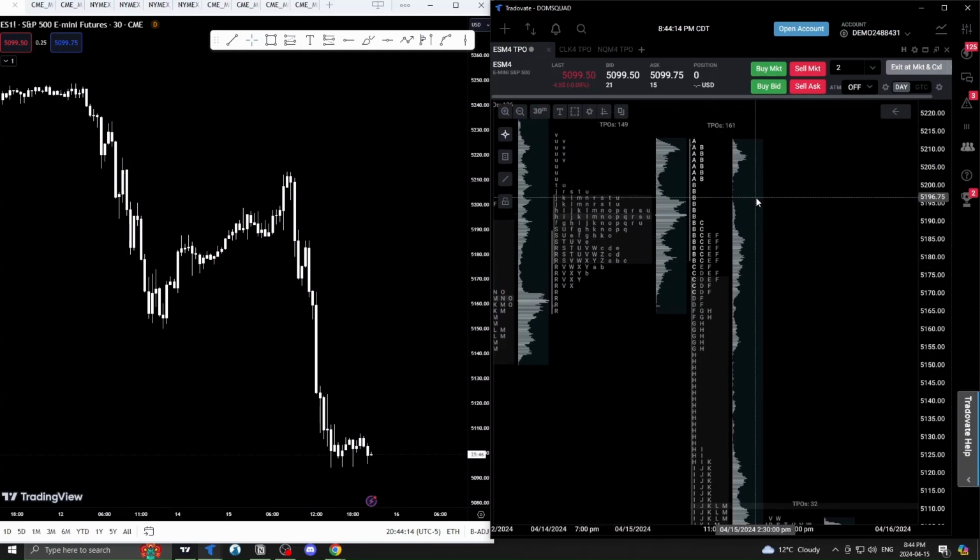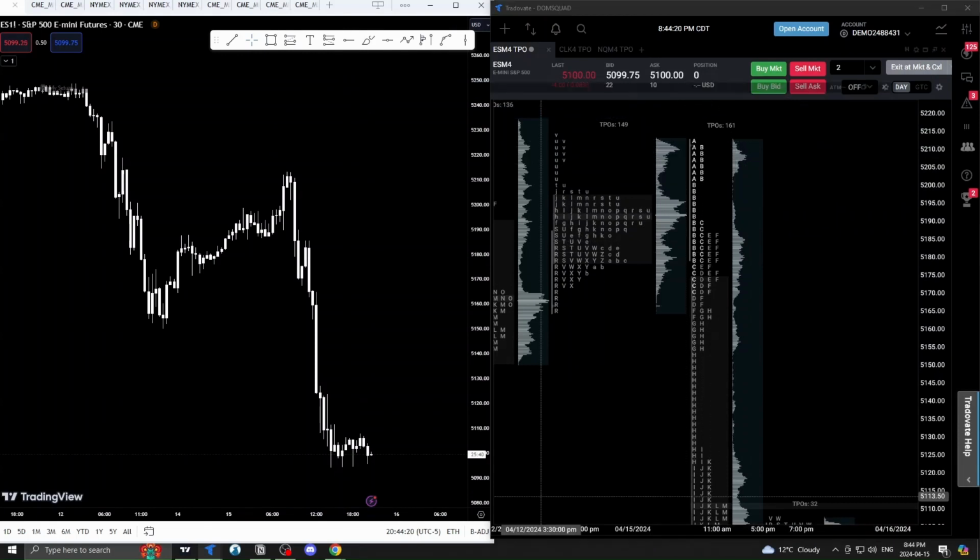But let's start with the TPO. First of all, we have this single print near the top. I'm just going to pull up some of my playbook and also my setups on a different chart. You can't see it, but I have it open. So I'm going to start with any value ledges, alright?